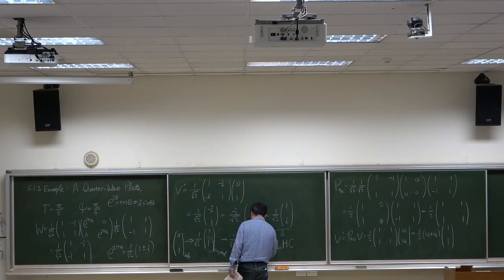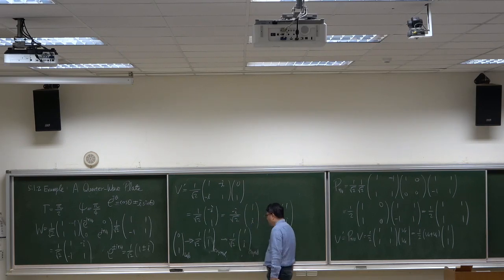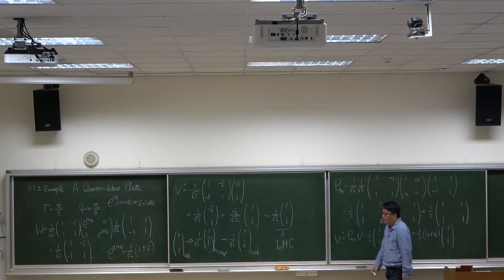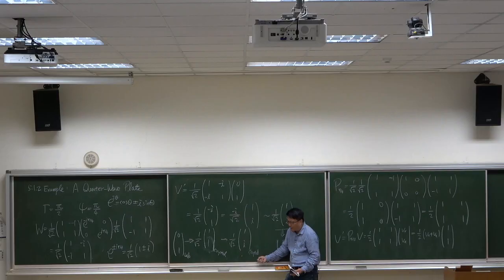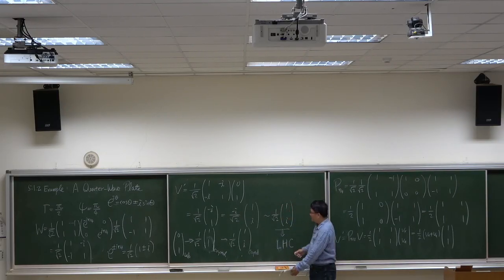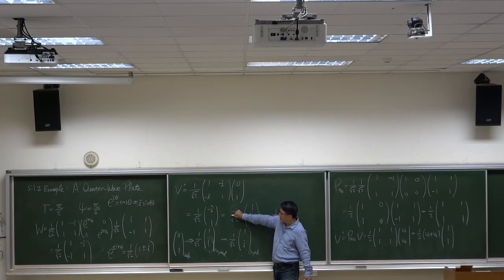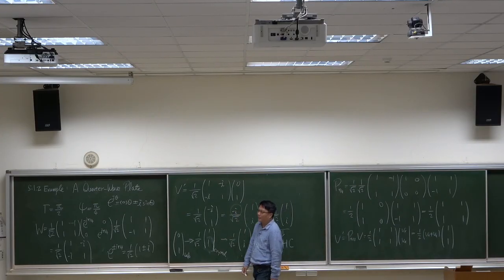And we have this crystal frame, which is left hand circularly polarized light. What is the difference between the expression of left hand circularly polarized light in crystal frame and in lab frame? The difference is just this phase factor, exponential minus ik. Okay.